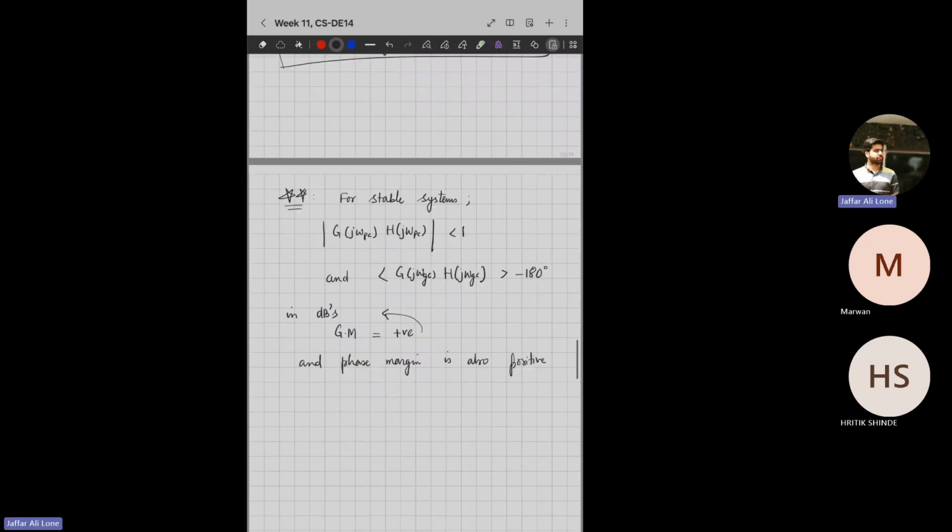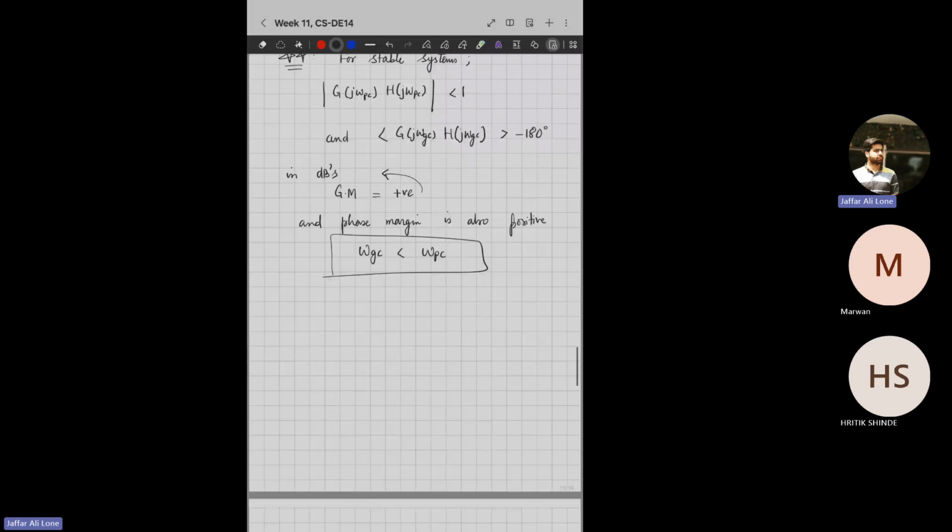That is, omega gc is less than omega pc. So in this case, we have gain crossover frequency less than phase crossover frequency. I can show you this from the Bode plot. Let me make one Bode plot, and the other I'll give you as an assignment.